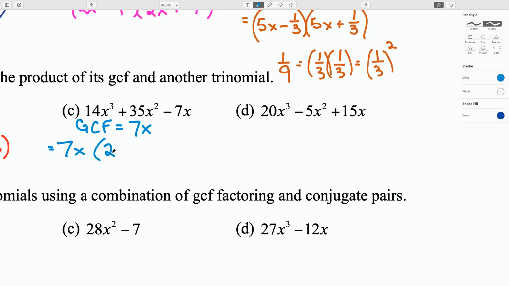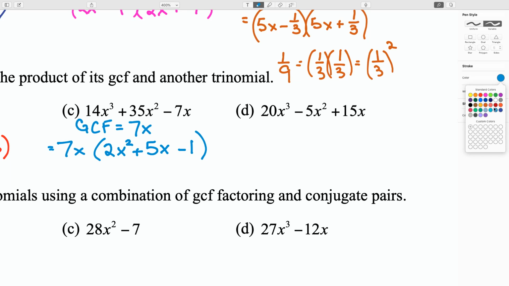And x cubed divided by x is x squared. Also, x times x squared is x cubed. 7 times 5 will give you 35. And we just need one more x. 7 times 5x will give me 35x squared minus 1, because 7x times 1 is 7x.